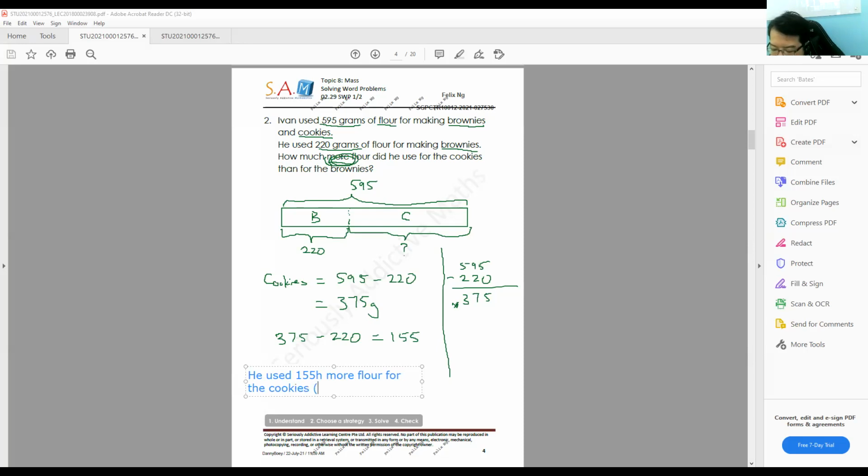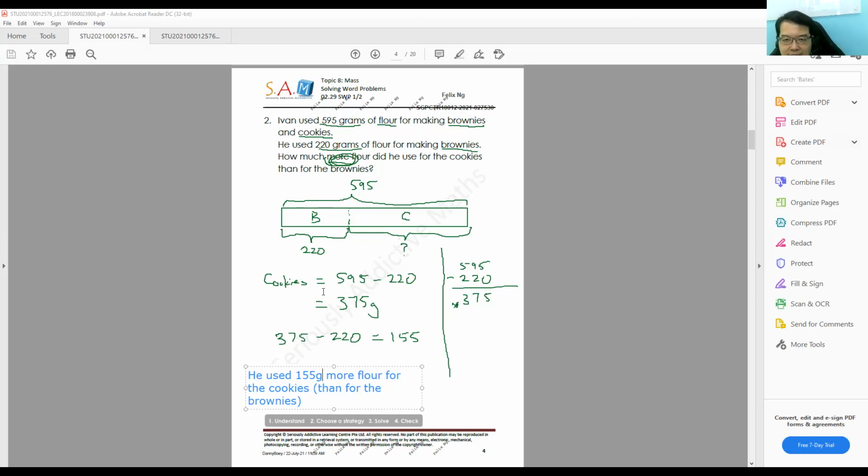All right, if you have extra time, you can write "than for the brownies". But otherwise, I'm fine if you just say that he used 155 grams more flour for the cookies than for the brownies.